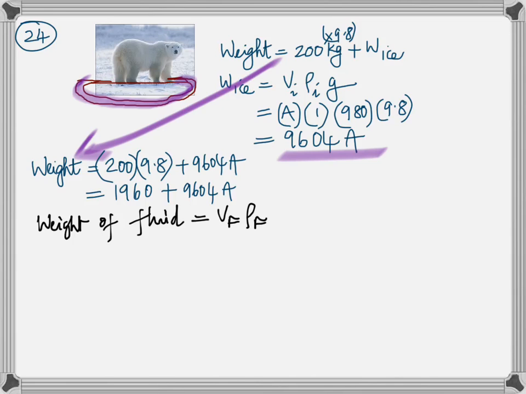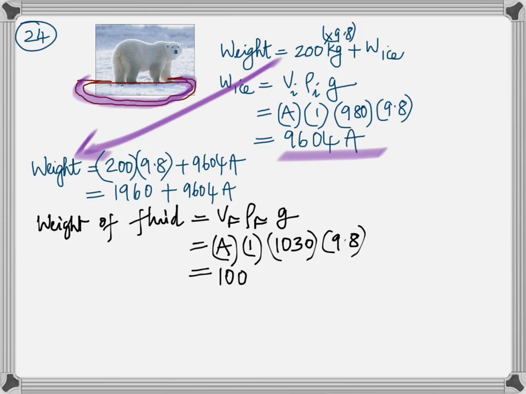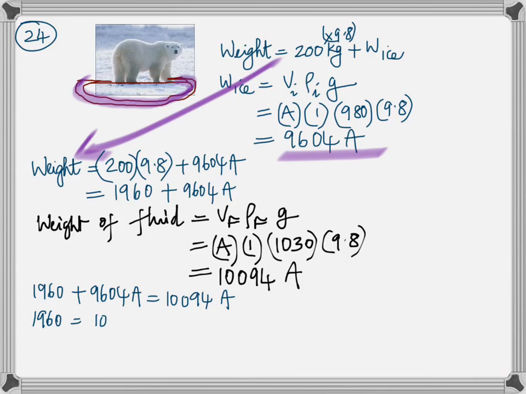Again, for the umpteenth time, volume of the fluid times density of the fluid times G. Volume of fluid is A times 1, density 1030, and I get it as 10094 A. So 1960 plus 9604 A, equate both, they should be equal to each other. Because if something should float, the weight of the floating object should be equal to the weight of fluid displaced.